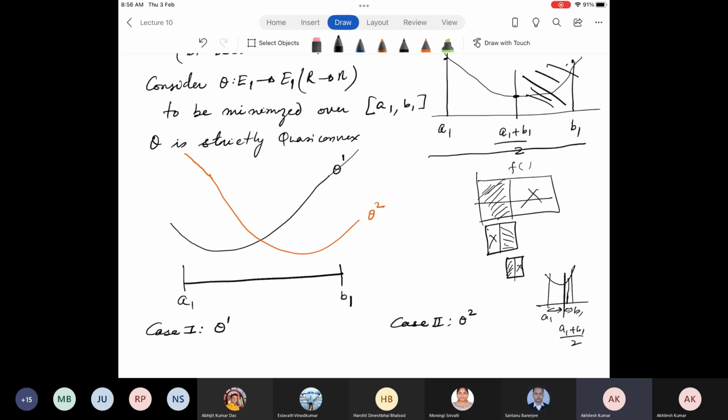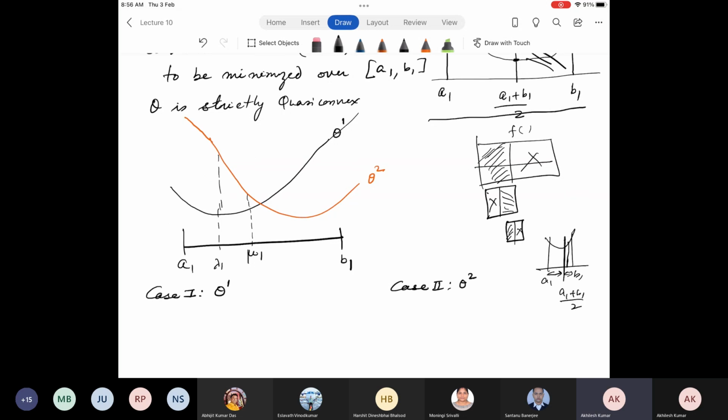So suppose I am taking some lambda and mu. So this is my mu 1 and this is my lambda 1. So the way we need to proceed is, for theta 1, which is in black, let me use a color so that you don't get confused when you look at the notes later. Case 2 is theta 2. So for case 1, if I'm looking at theta lambda 1 and theta mu 1, which one is greater?